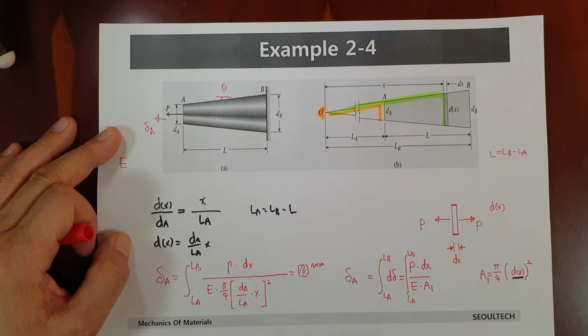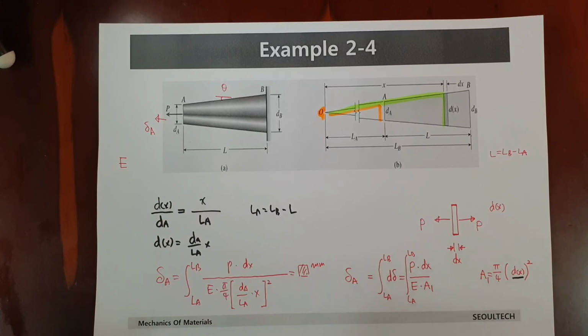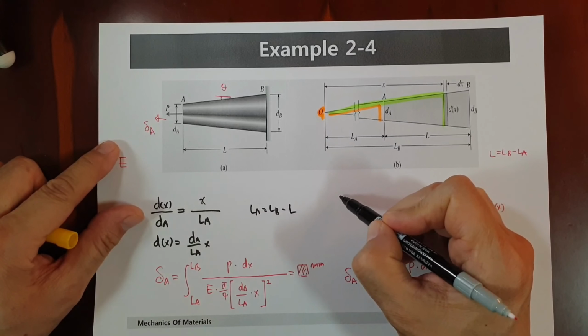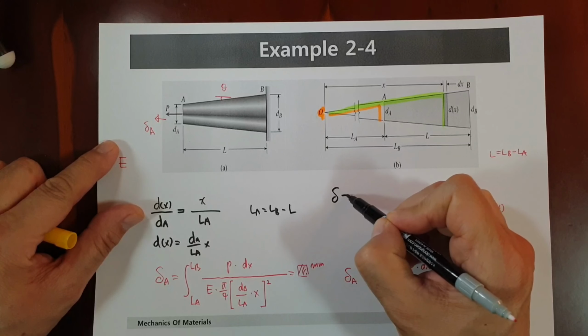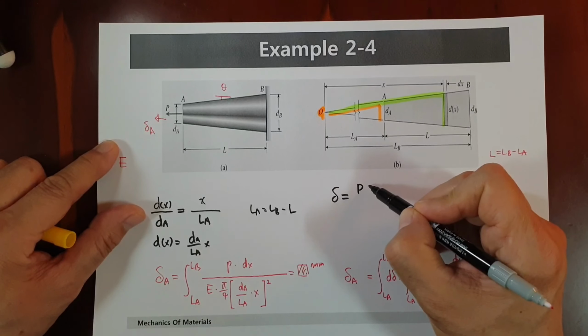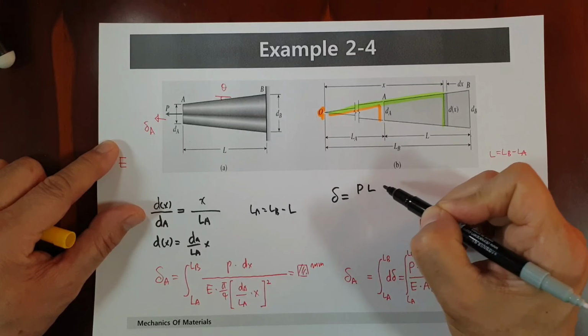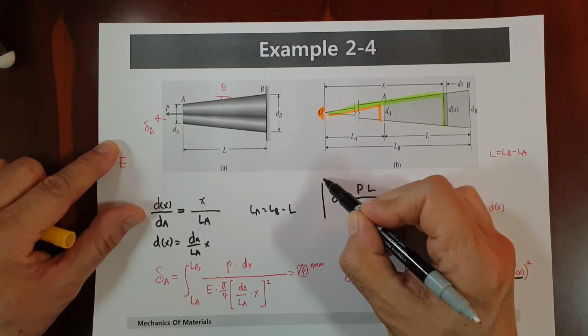Okay, here we mainly applied the relationship for elongation, delta equals P L over Young's modulus and cross-sectional area. This kind of formula was applied.